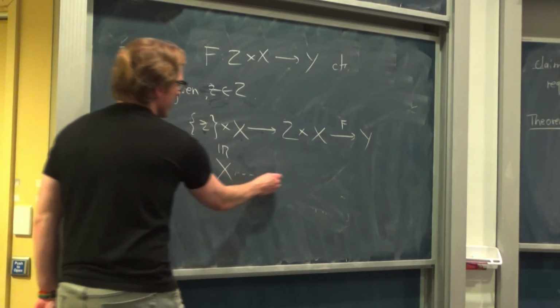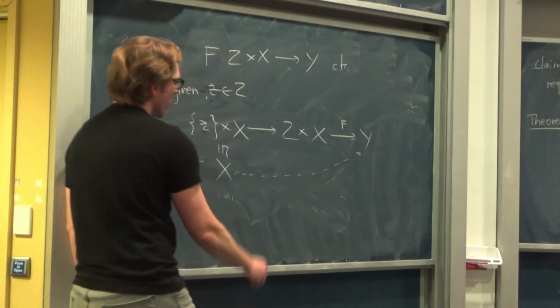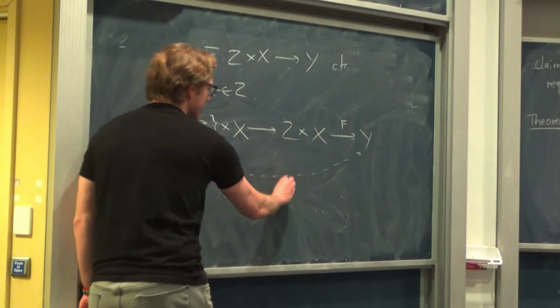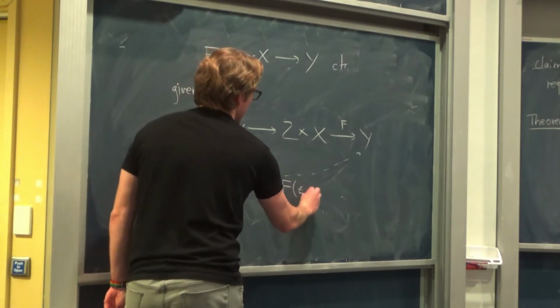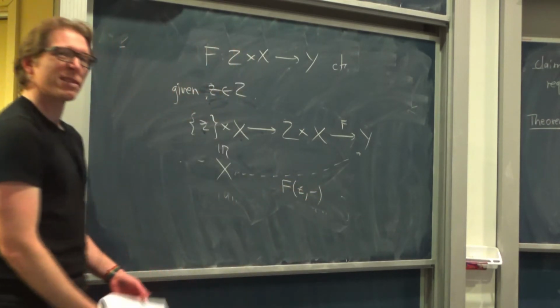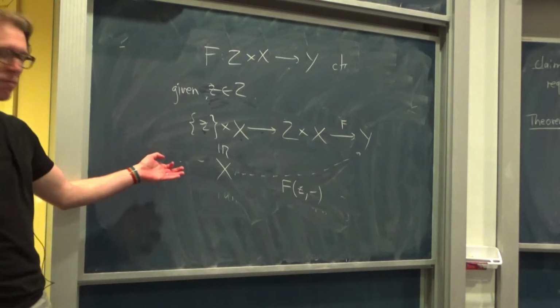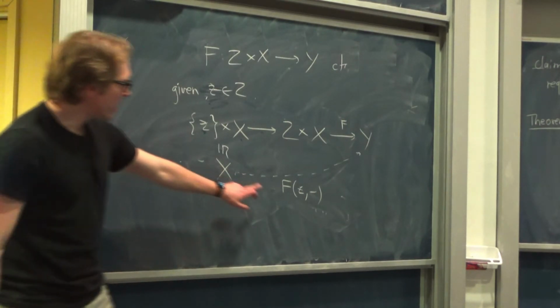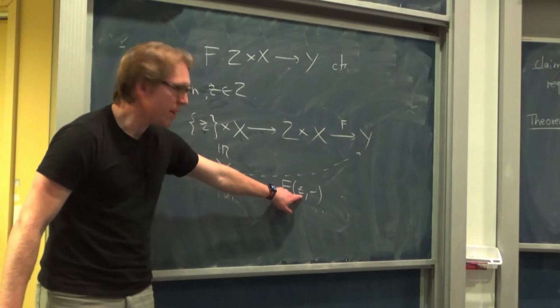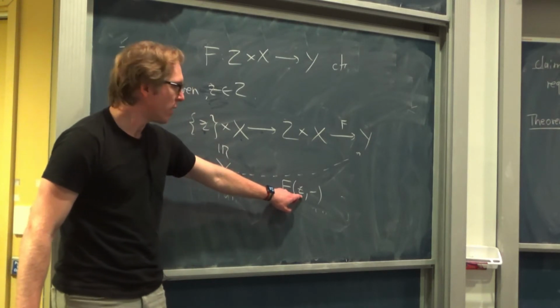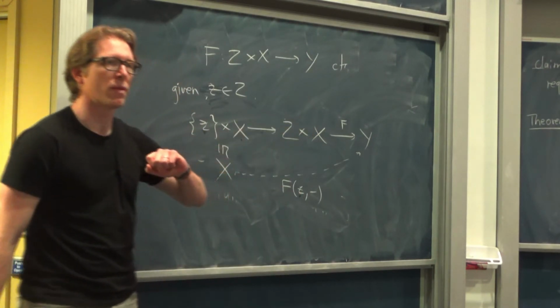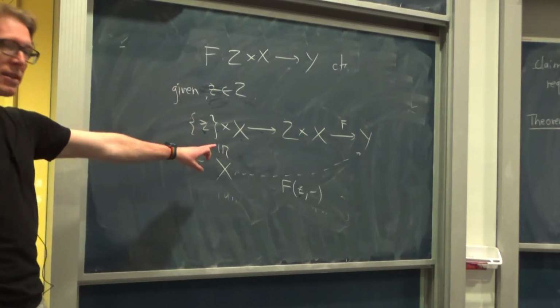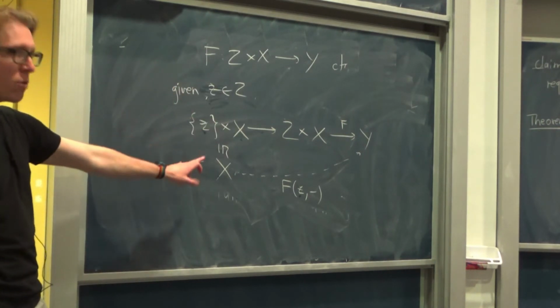And what is that composite? Well, it's just a function which sends x to f(z, x). So that's the partial function. It takes an x and evaluates it with this fixed z, always. That's a function from X to Y. So that partial function is always continuous.